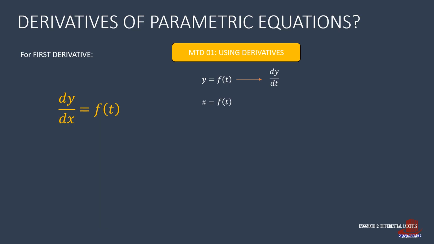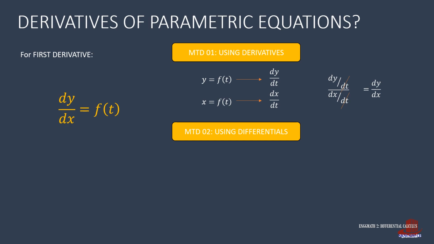Take note that since they are both functions of t, the derivatives turn out as dy over dt and dx over dt. If we take the ratio of dy over dt with dx over dt, we can then eliminate dt, which results in dy over dx.